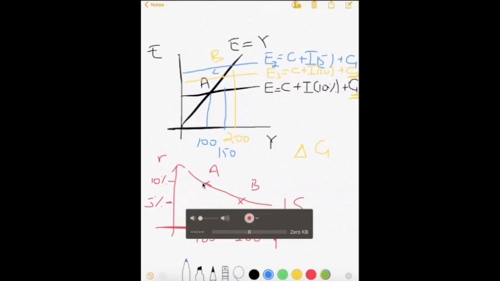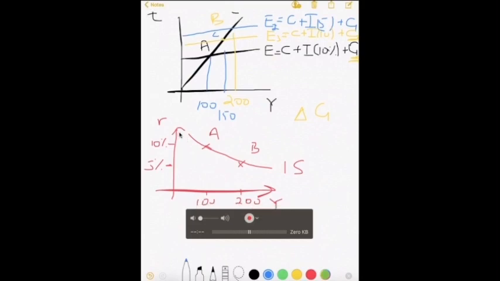So if you look at the lower graph that was representing the relationship between interest rates and GDP and was the IS curve, at 10% initially the GDP was 100. But because of a change in government spending, at 10% now the GDP is 150.